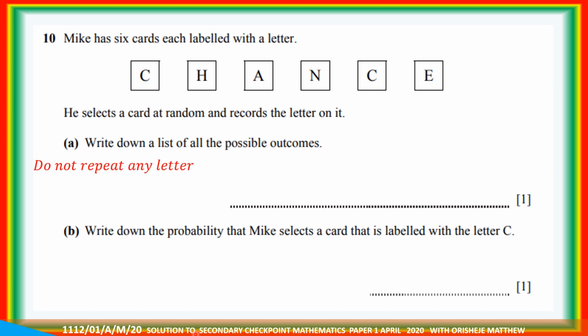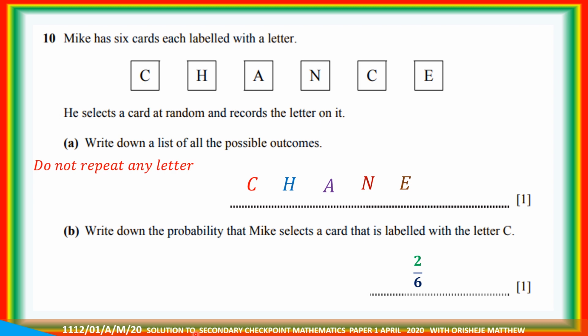Do not repeat any letter. That is the rule. So you have C, H, A, N, and E. So there are only 5 possibilities. Then write down the probability that Mike selects a card that is labeled with the letter C. How many C's do you have here?